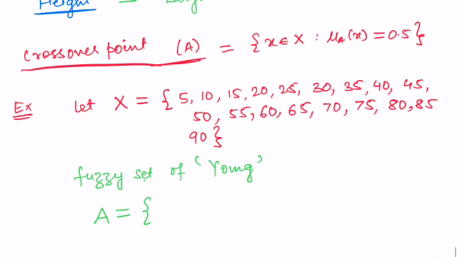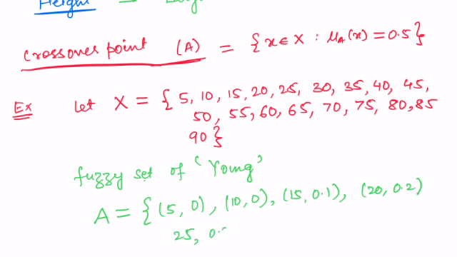So let us write it. At 5, it takes value 0. At 10, it takes value 0. At 15, it takes value 0.1. At 20, it takes value 0.2. At 25, it takes value 0.3 or maybe 0.5, because at 25 we are quite young, so maybe 0.6.